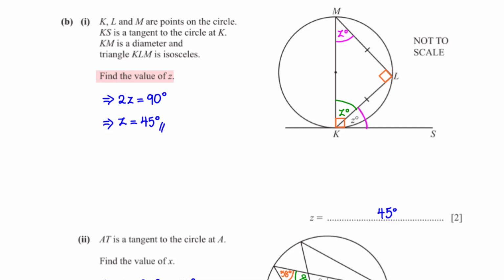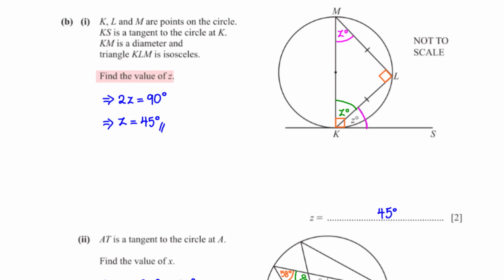Based on the alternate segment theorem, if we know this angle as Z degrees, then this angle here is also Z degrees. Base angles in an isosceles triangle are equal. So now that we know this angle is Z degrees, then this angle is also Z degrees. Based on the fact that these two Z angles add up to 90 degrees, we can say 2Z equals 90 degrees.